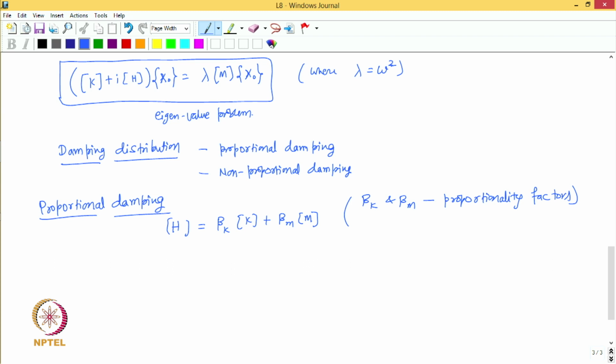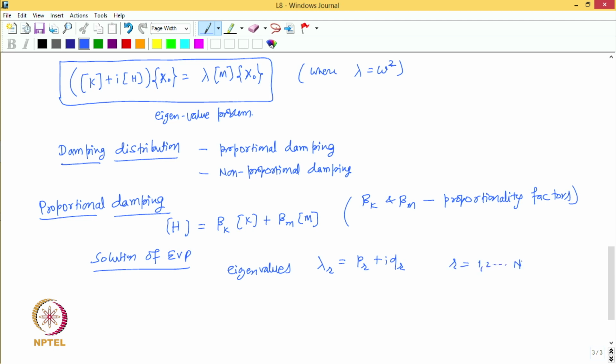So, now if we solve the eigenvalue problem, we get the solution of the eigenvalue problem, which gives us eigenvalues. The eigenvalues we get are complex, and hence let us represent them by lambda r equal to p r plus I q r, with r varying from 1 to n.